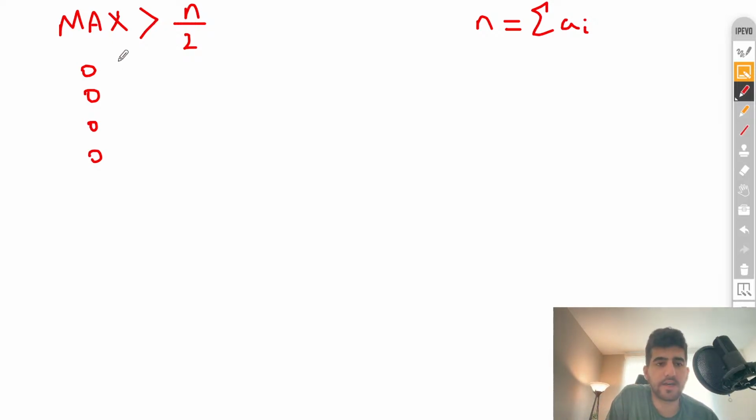So the rest of them can come here as well. So if max is greater than or even equal to n half, we can say that the answer is definitely max. Do you agree? By max I mean the color that has appeared the maximum number of times.